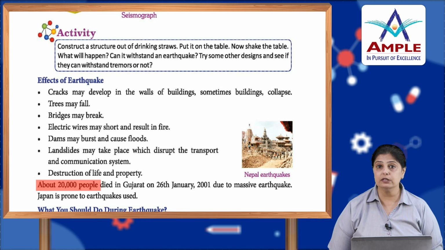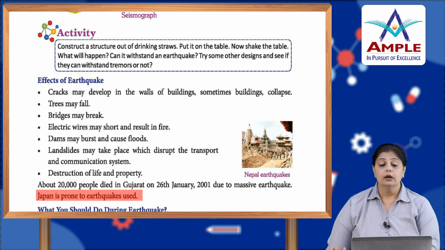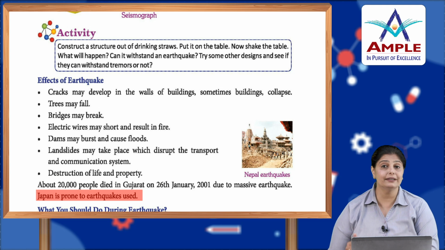About 20,000 people died in Gujarat on 26 January 2001 due to a massive earthquake. Japan is also prone to earthquakes. So, earthquakes can damage everything in a major manner. Of course, if the intensity is above 6, there are chances of major damage.